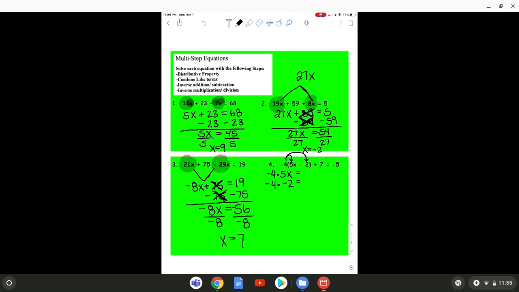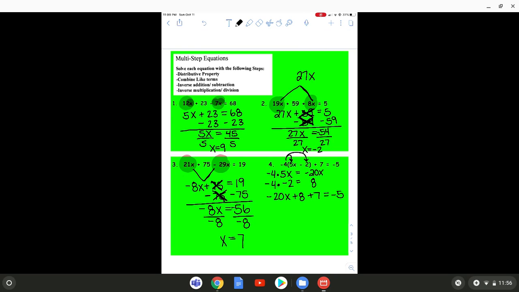So I'm going to get negative 20x and a positive 8. So I'm going to go ahead and just rewrite my equation with those new numbers. So I've got negative 20x plus 8 plus 7 equals negative 5.